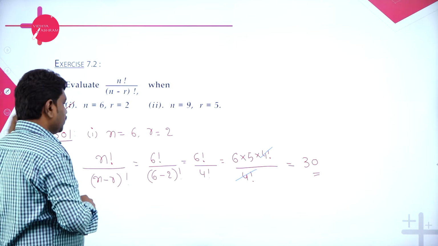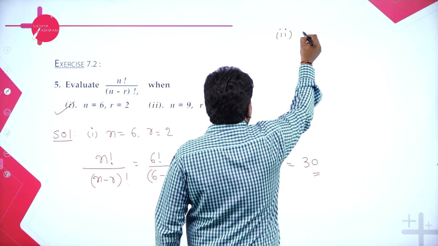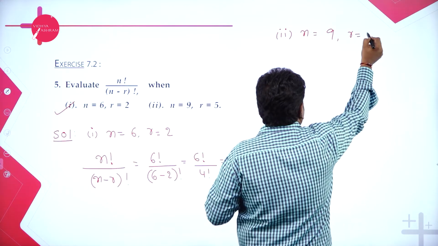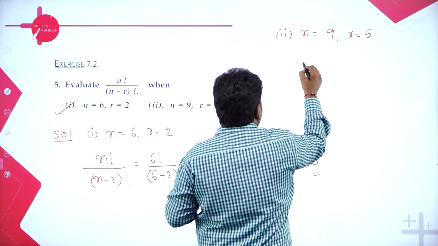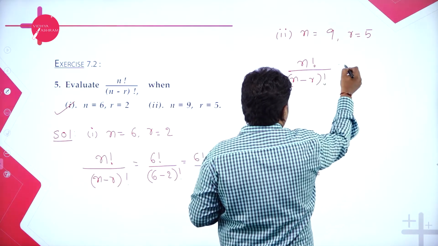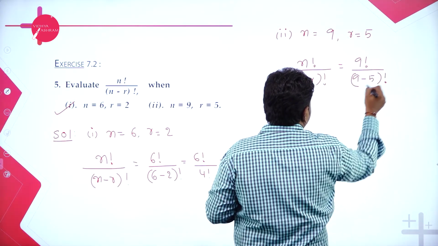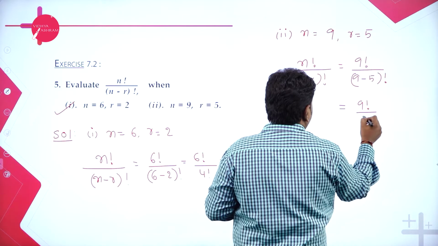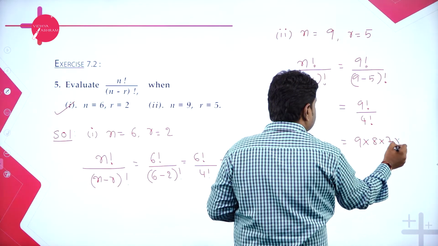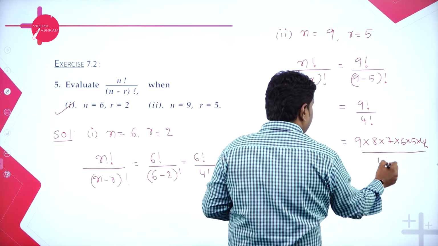So now the second part of the question. In the second part they gave n. What is n given in the second part? n given in the second part is 9, r given is 5, formula given is n factorial by n minus r factorial. So that will be 9 factorial by 9 minus 5 factorial, that is 9 factorial by 4 factorial, that is 9 into 8 into 7 into 6 into 5 into 4 factorial by 4 factorial.